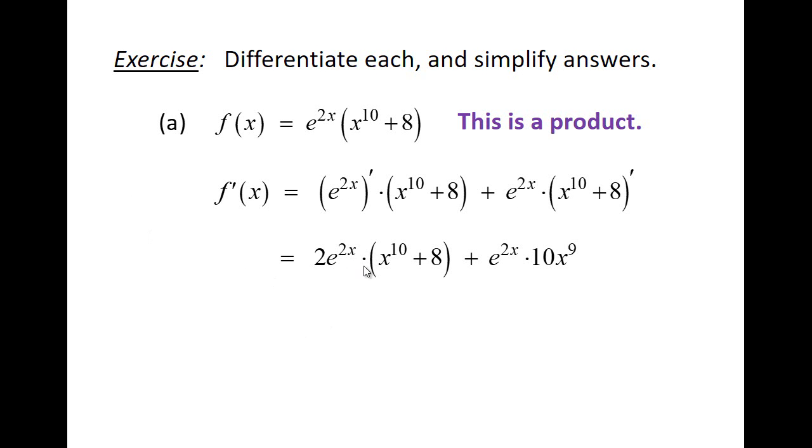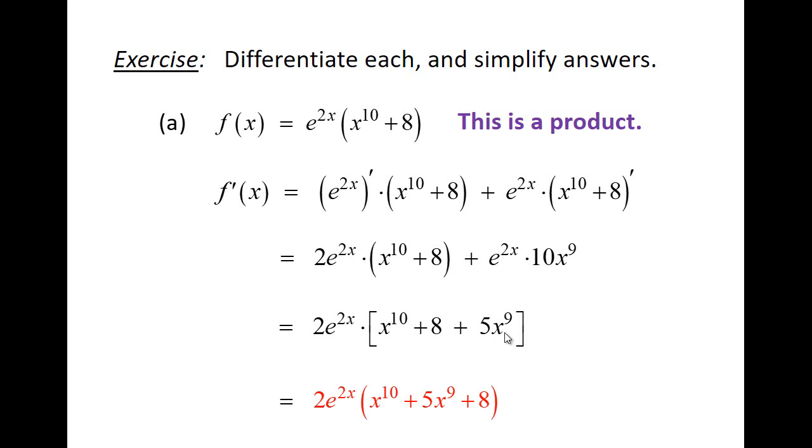To simplify this, we can factor out e to the 2x, and then we can also factor out 2. So if we factor out 2 e to the 2x, then here we get x to the 10 plus 8. Here we're going to get 5x to the 9. So we basically get 2 e to the 2x times x to the 10 plus 5x to the 9 plus 8.